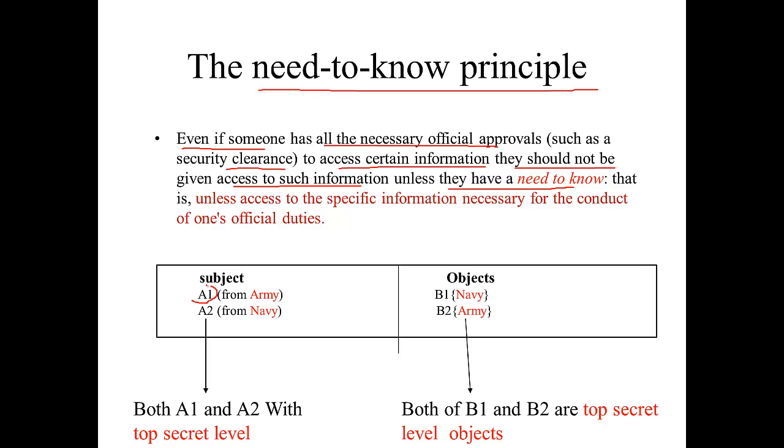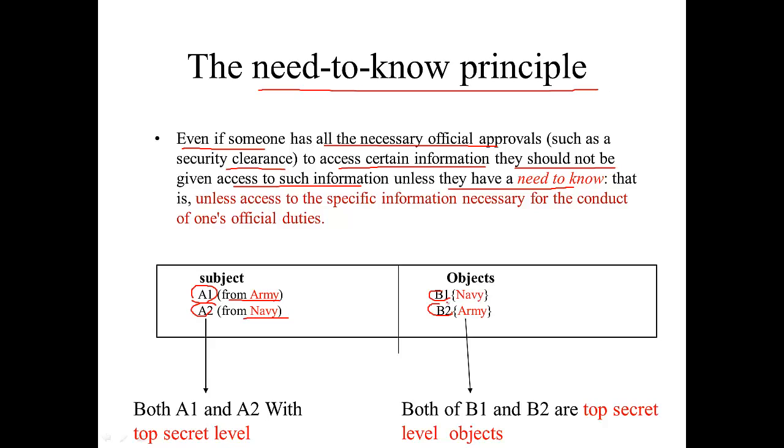For example, we have two subjects here. One is a person A1 from Army. A2 is another person from Navy. Both A1 and A2 have top security level clearance. Also, we have two objects, B1 and B2.